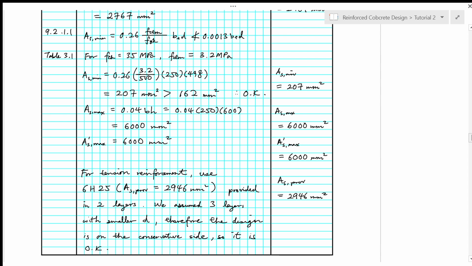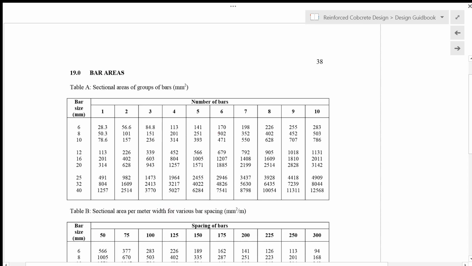So based on this information, we can start to provide the steel. For tension reinforcement, we use 6H25, which gives us the total area of 2946 square millimeter. And for the compression steel, we use 2H25 to give the area of 982 square millimeter.